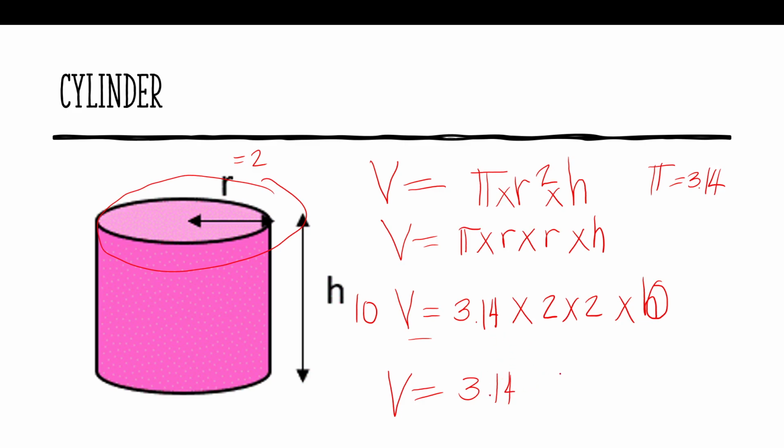So, si 3.14, ibababa ko muna, uunahin ko tong 2 times 2 times 10. So, 2 times 2 is 4. And then, 4 times 10 is 40. So, magiging 3 and 14 hundredths times 40.